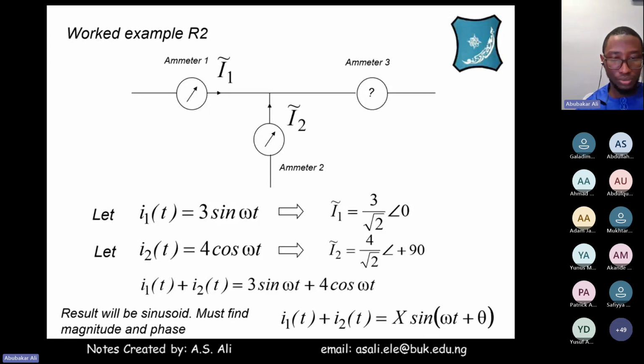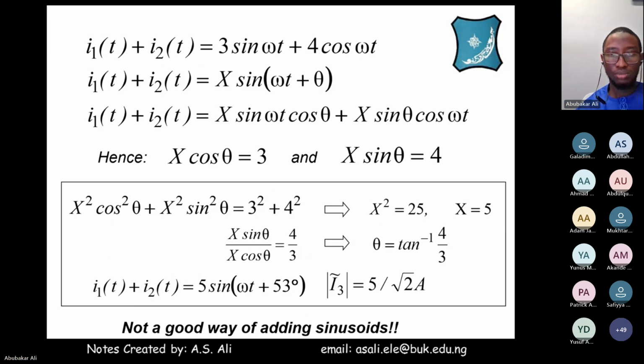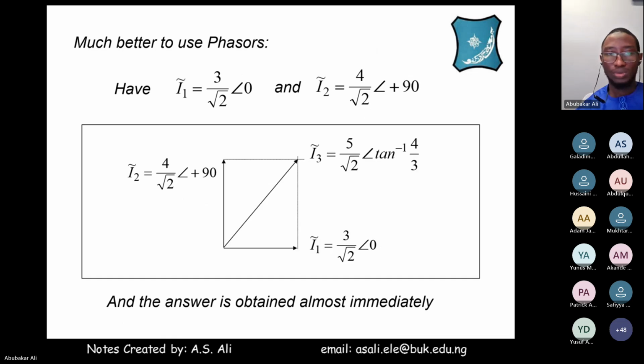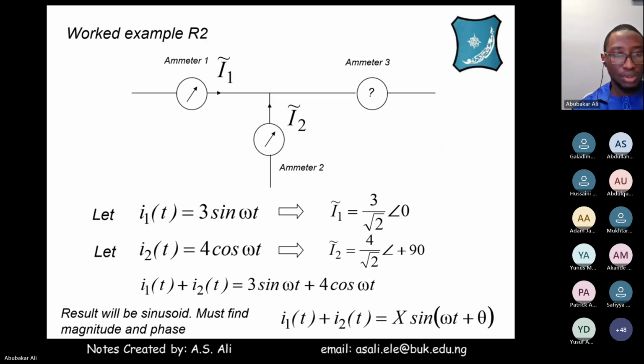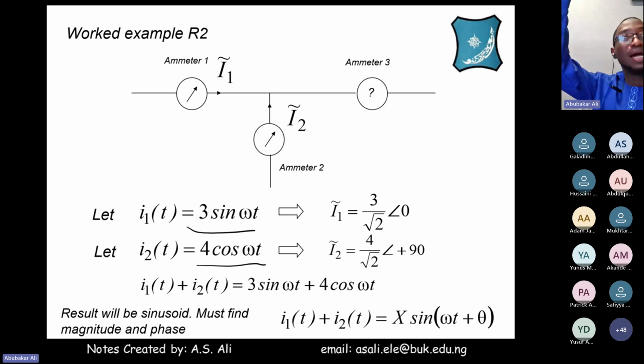Okay, no. So we are given the values I1 equals 3 sine omega t, and I2 equals 4 cos omega t. You can easily tell this if you look at your oscilloscope.